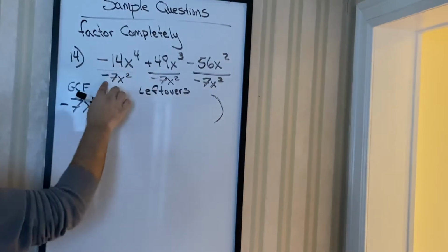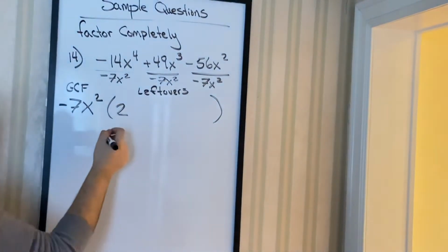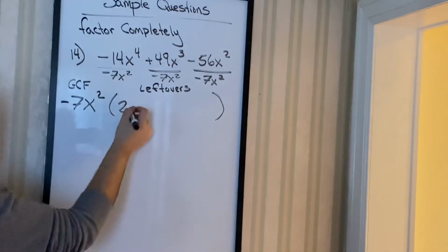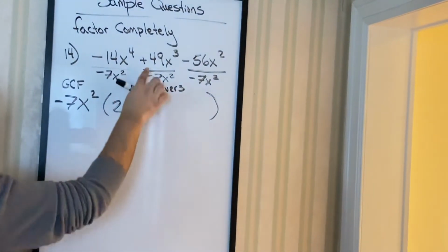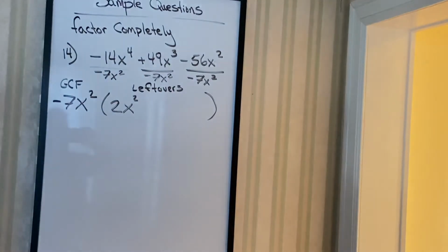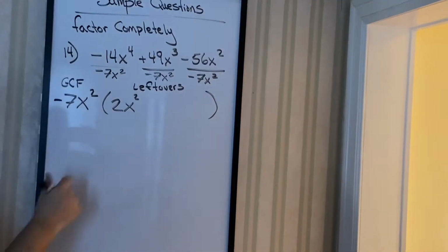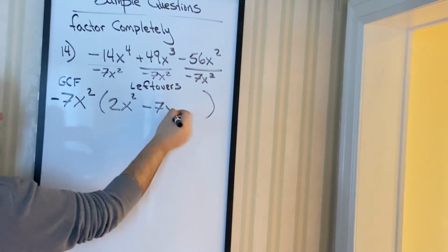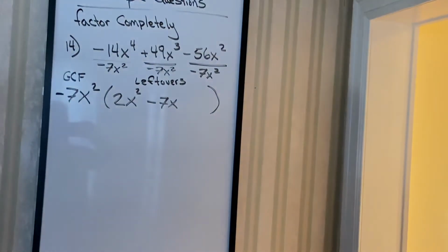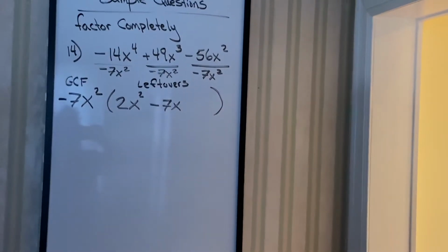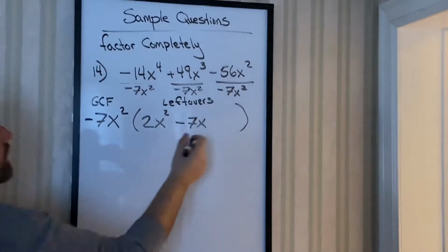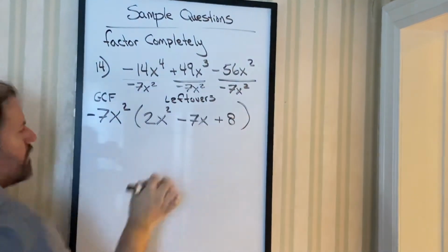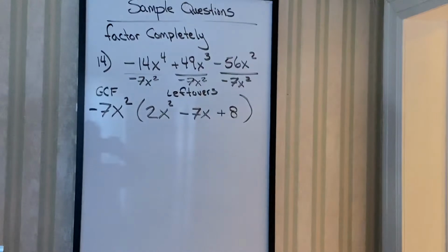So this divided by this, positive 2, x to the 4th over x squared, there's an extra 2 x's left on top. Here, 49 divided by negative 7, you should know that's going to be a negative 7, 3 x's versus 2, extra x left over. And then negative 56 divided by negative 7, we're going to get a positive 8, x squared over x squared. Remember, when there's a tie, they're all gone. They get canceled out.